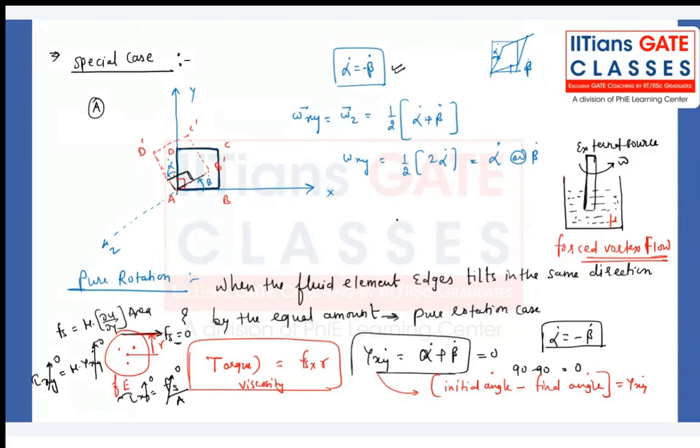In the impeller blades, there also you can observe the forced vortex flow. Getting my point? Yes, in a mixture also. Now all of you please make a note of it. Once it is done, let me know.